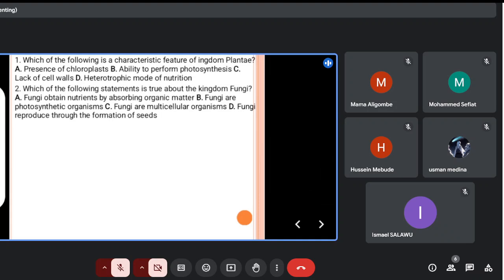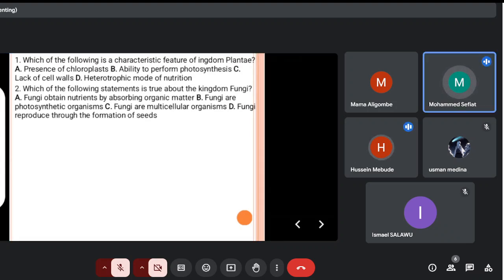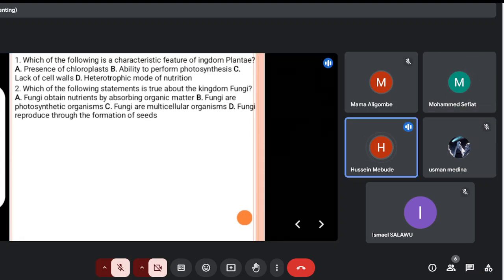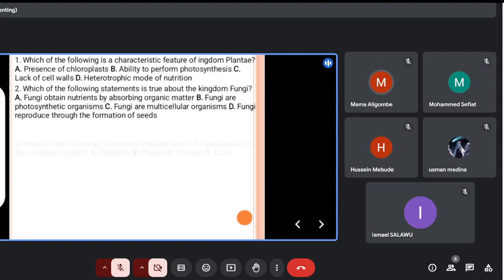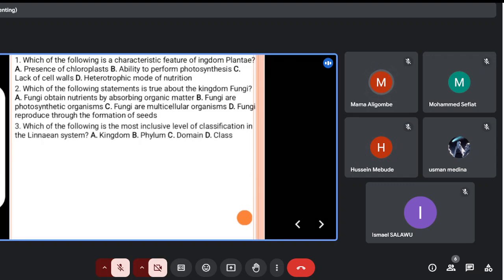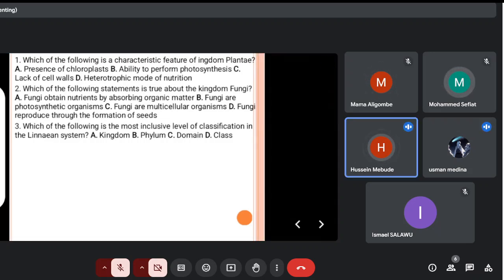Now, the next question too, we've answered that. Kingdom fungi. Please, let's chorus it and be fast. Fungi obtain nutrients by absorbing organic matter. By absorbing organic matter, they are saprophytic. The most inclusive level: kingdom.